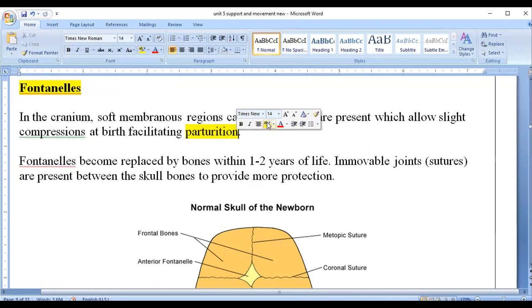The natural birth of a child is through the vaginal canal. The vaginal canal is not a bigger one.